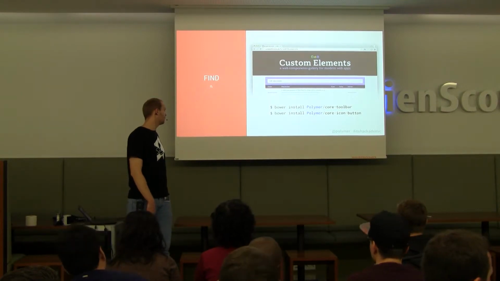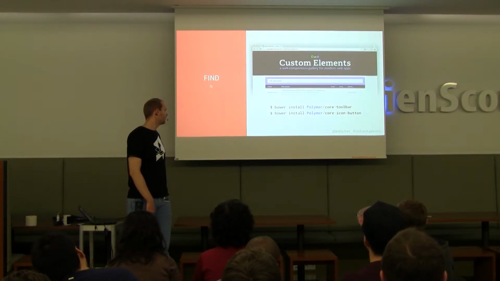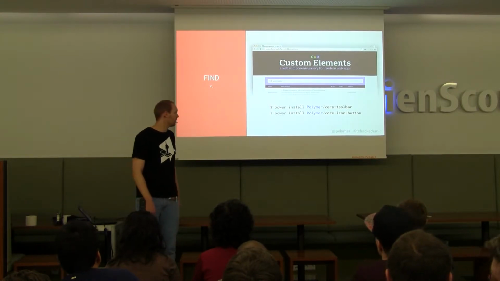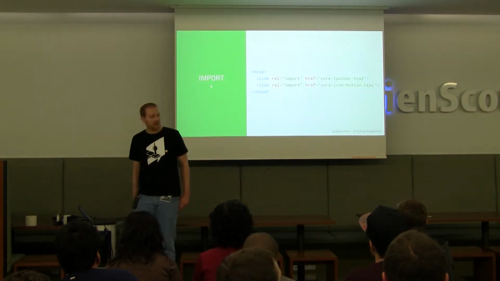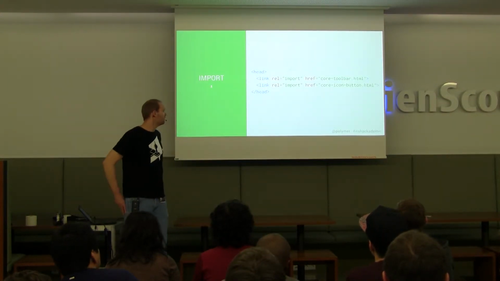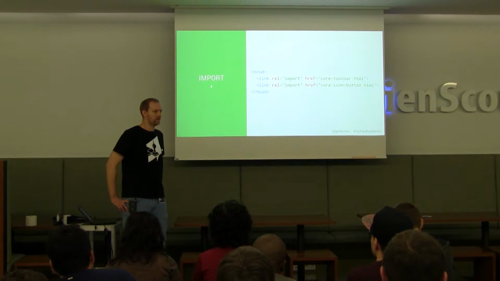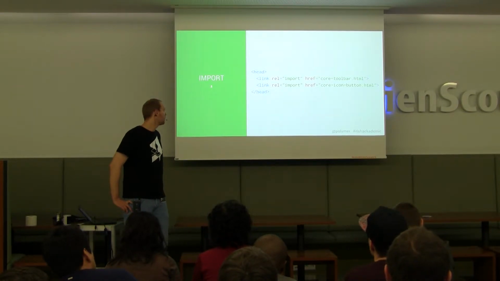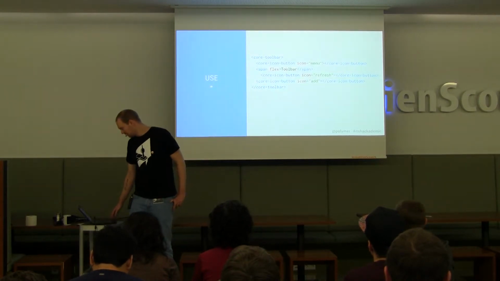Here we install a core toolbar or a core icon button out of this Polymer library. The next step would be to import it into your web app. Here in the header, you need to import that HTML file that you got.